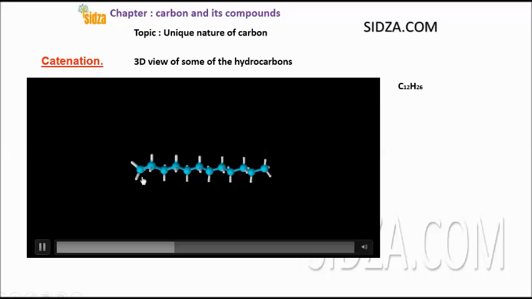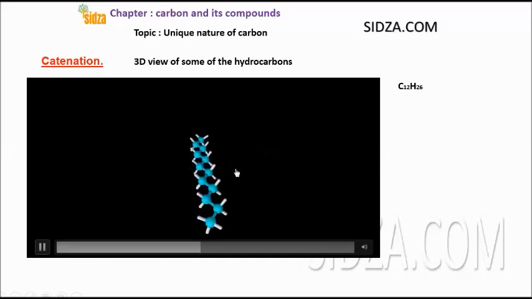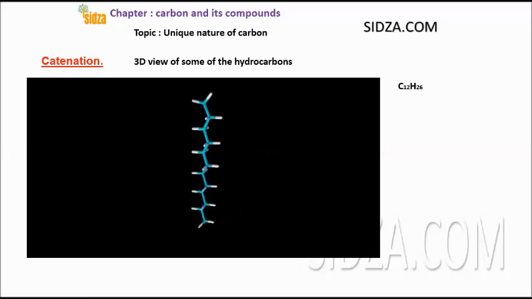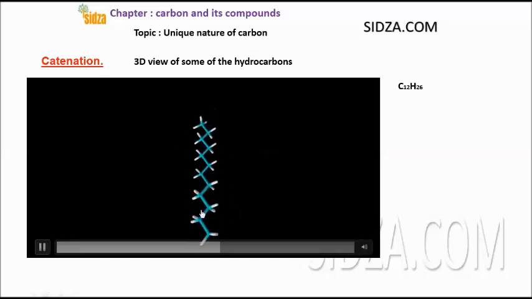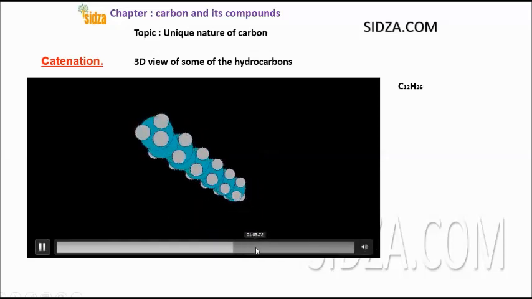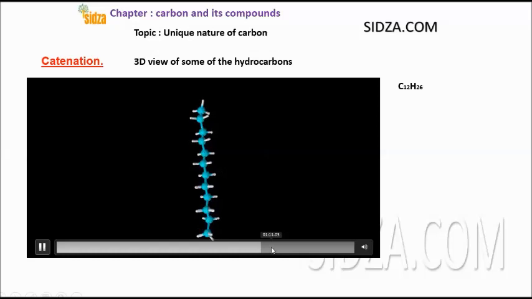And now see, these are the carbon atoms here. These are the carbon atoms bonded together through the carbon atoms. Just have a 3D view of this. Have a look at this 3D view. This is how we represent the molecule.